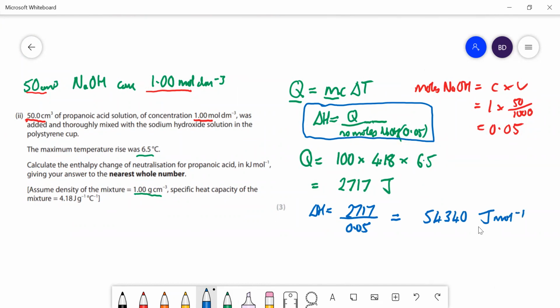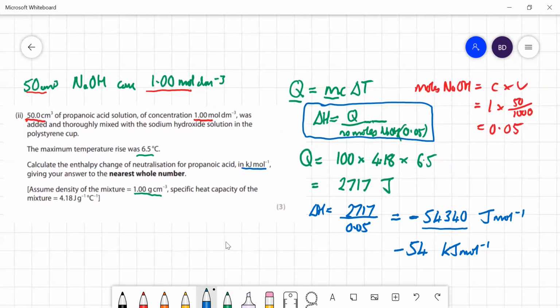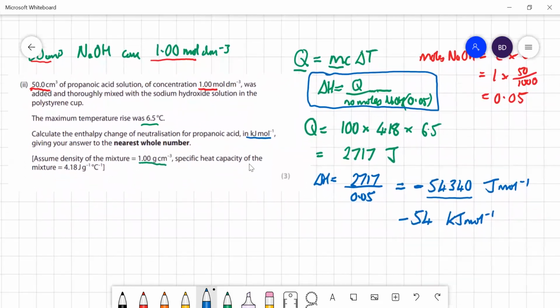And importantly, we have to remember that it's going to be a minus sign there because it's exothermic. The temperature's gone up, and you lose a mark if you forget that. It does ask us to give it in kilojoules per mole and to the nearest whole number. So the answer we should give is divide that number by 1,000, minus 54, not 54.34, because it's the nearest whole number, kilojoules per mole. Okay, that was a reasonably straightforward delta H calculation then.